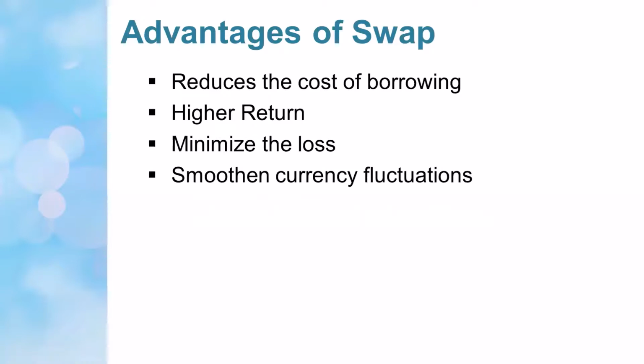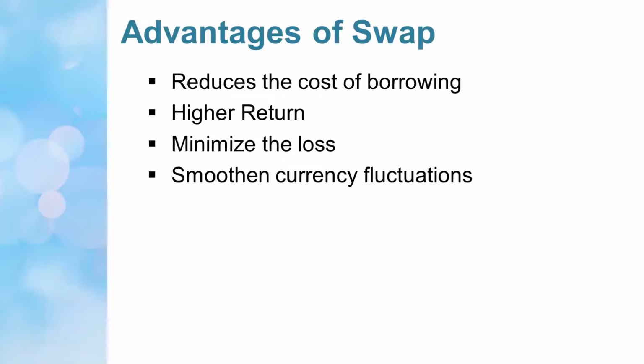The second angle is, from a lending perspective, if a person who is willing to lend money finds that the interest rate available in his country is low, and we are talking about interest income, that interest income is low, he can think of lending to a customer in a different country where he can get a higher income.